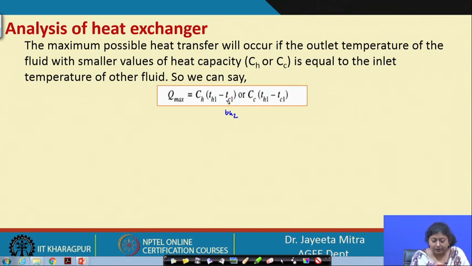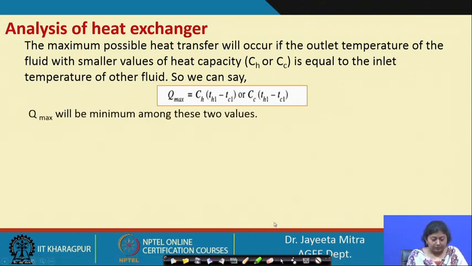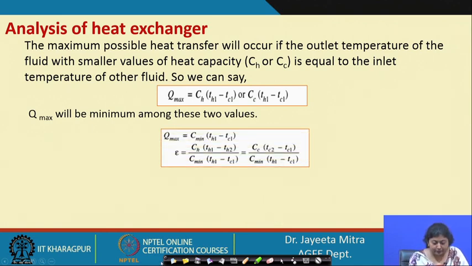And if Cc is minimum, then Tc2 minus Tc1, where the outlet of the cold fluid will be equal to the inlet of the other fluid, Th1. So, the maximum heat transfer will be this one, that is the maximum extent of heat transfer we can achieve. So, Q max will be the minimum among these two values.